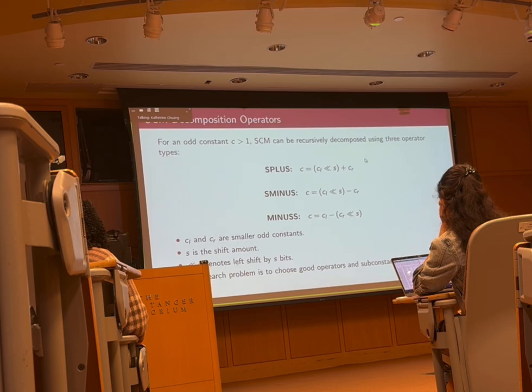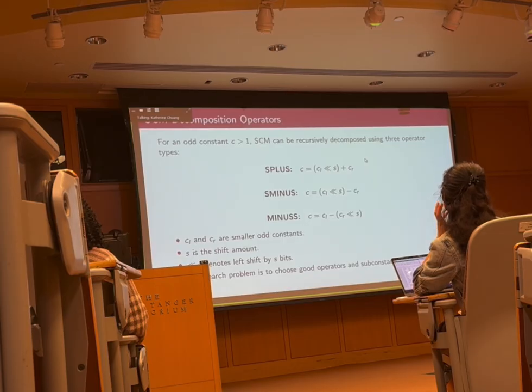Let me introduce more about this. Here we introduce three operators. First is S plus, which means a constant can be decomposed into two different constants, CL and CR, the left and right operands. We first shift the left operand and then add the right operand.